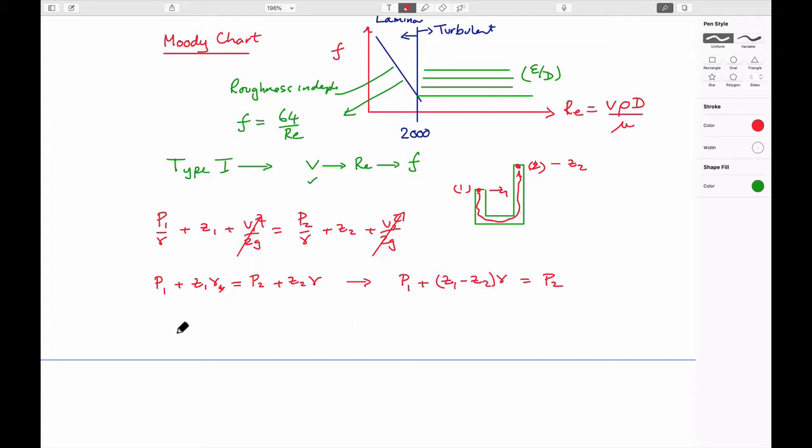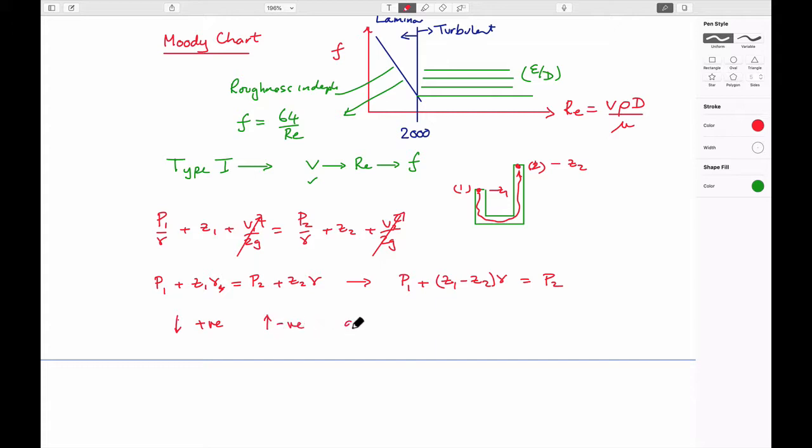So it's probably easier to think of the manometry equation as you write it from one point to the other. And you'll remember that if we go down, we add pressure. If we go up, we subtract pressure.